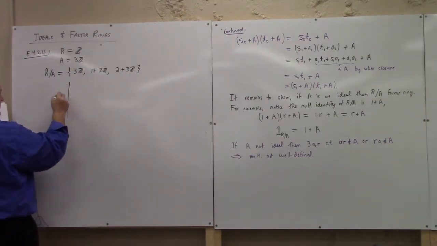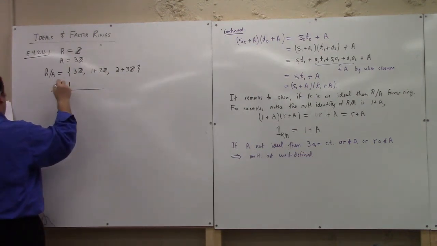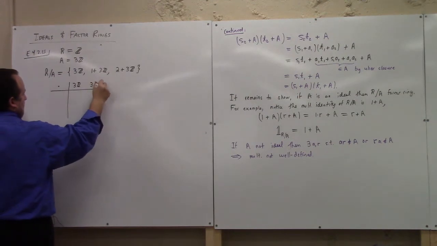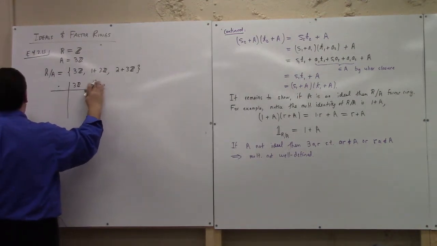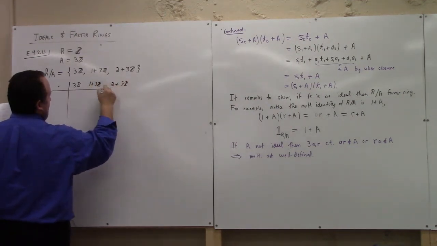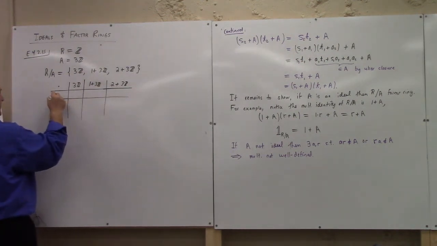And for example, I'll just do multiplication. I'm just trying to be consistent. So you tell me how we multiply these, how's it go?